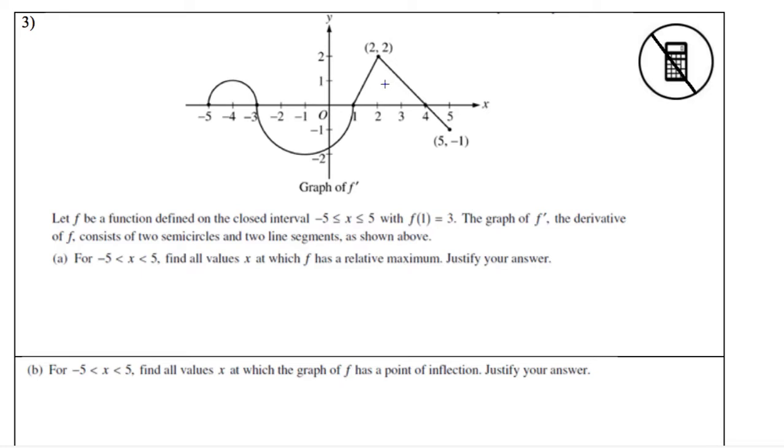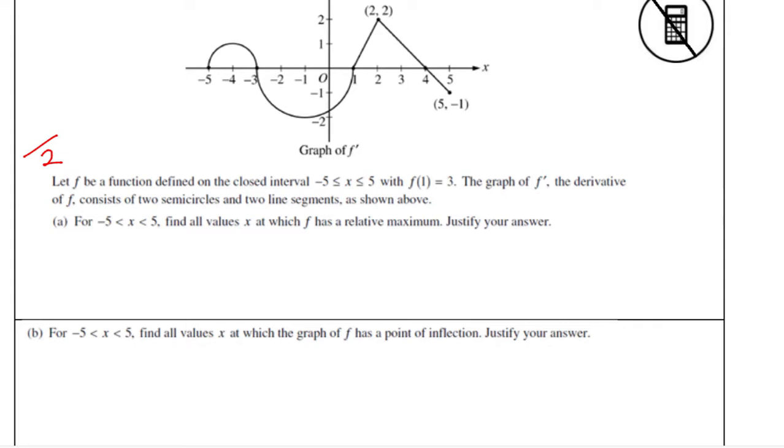Number 3, part A. Part A is out of 2 points. All right, we're finding relative maximum. Is that definition or table? Definition. Yep. So f relative maximum definition is x equals -3 and 4 because g prime is going from positive to negative.